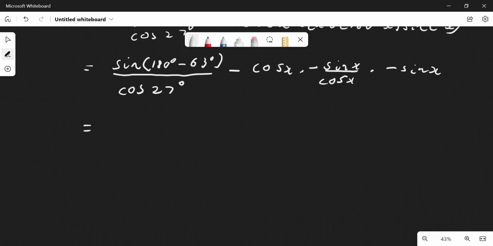Alright, so here we have sine of 63 degrees. It's positive because that's the second quadrant, over cos 27. So this one's very interesting. I'm looking at these values, and obviously these aren't special angles, so I don't really know what the ratios are, but let me check if they're co-interior.